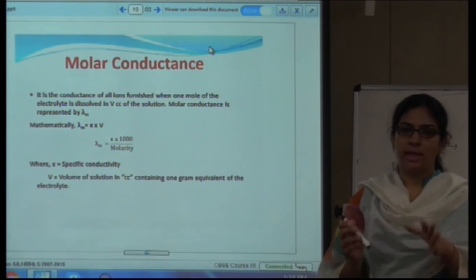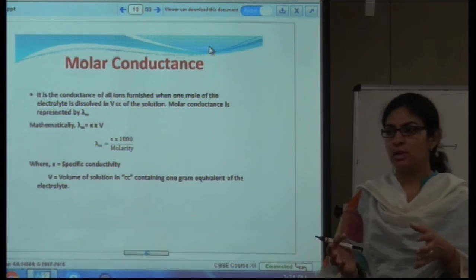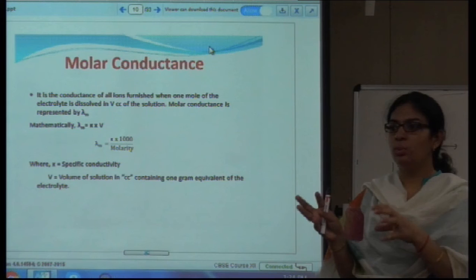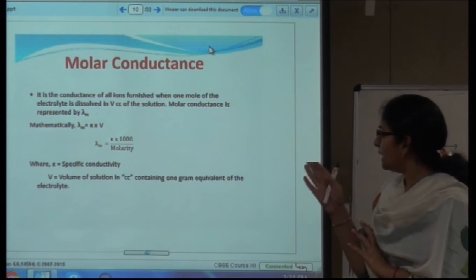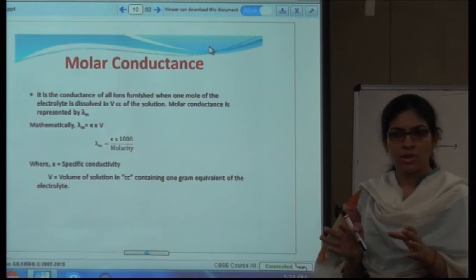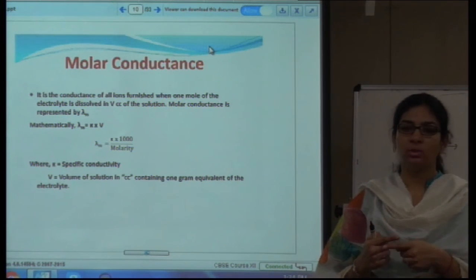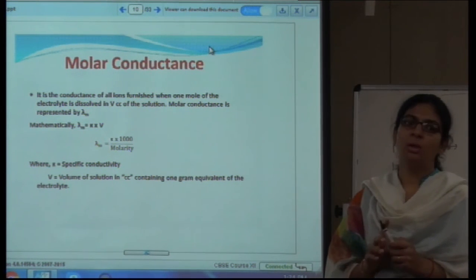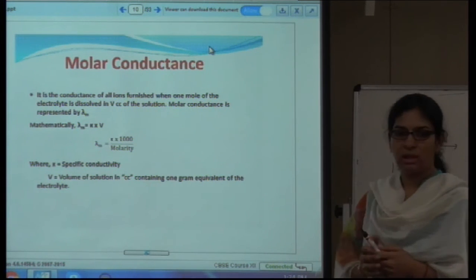It is the conductance offered by all ions furnished by 1 mole of an electrolyte when dissolved in V liters of solution. Again you get the same relationship, but the quantity is 1 mole instead of 1 gram equivalent, so in the denominator you take molarity instead of normality, rest everything is the same.